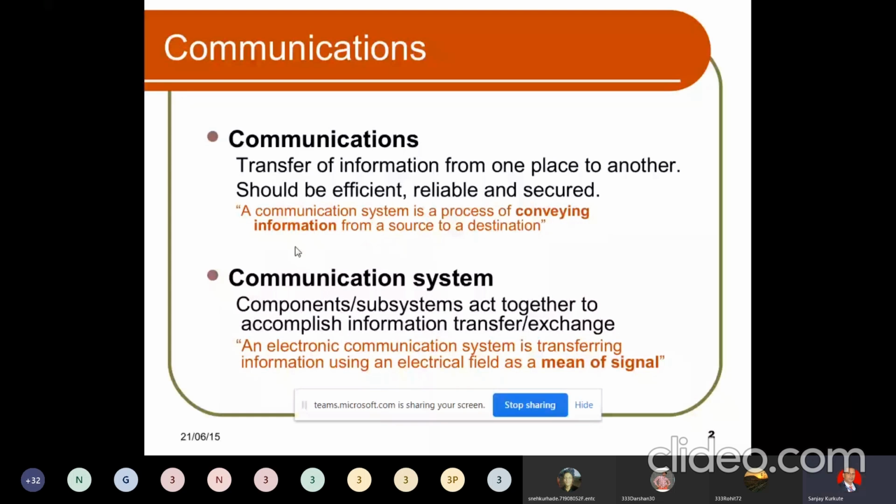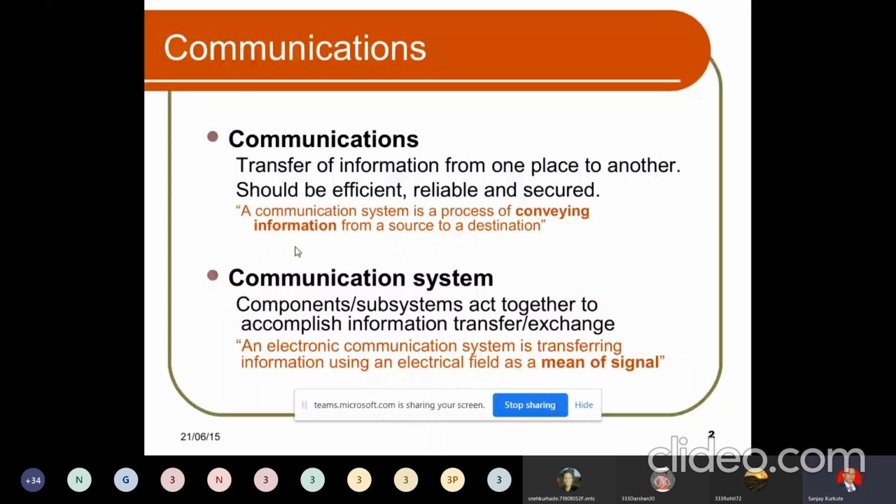Next is communication system. So what exactly is a communication system? It is components and subsystems acting together to accomplish information transfer or exchange. So various blocks or electronic circuits which are required for transferring the information from one place to another, that system is called a communication system.